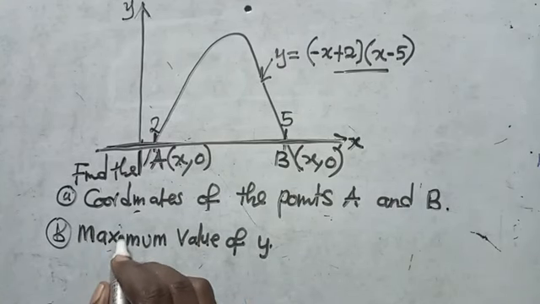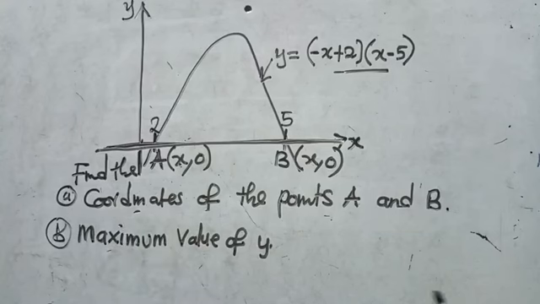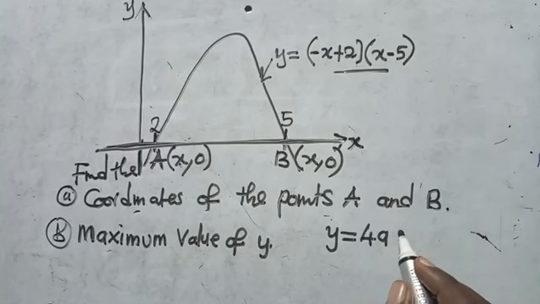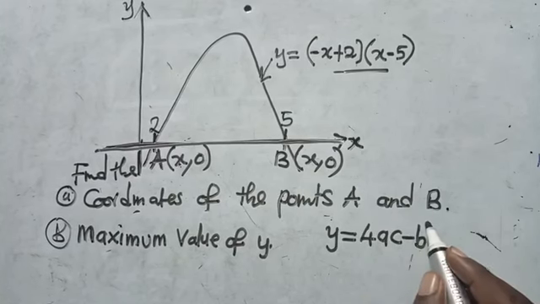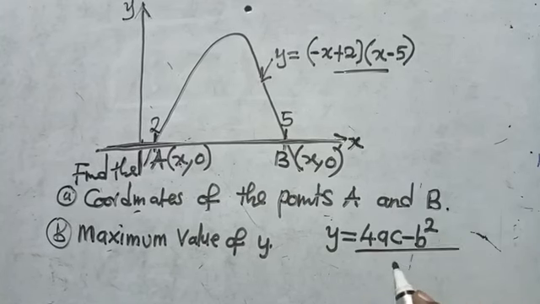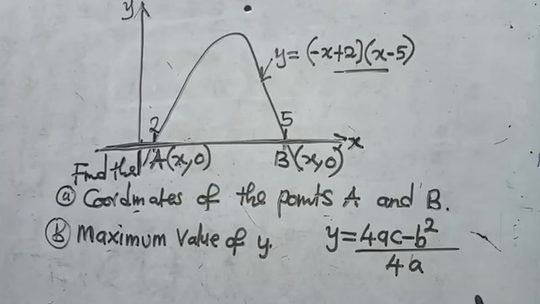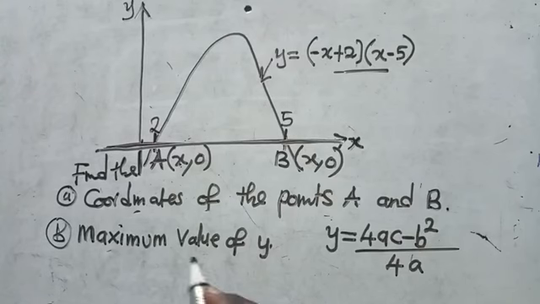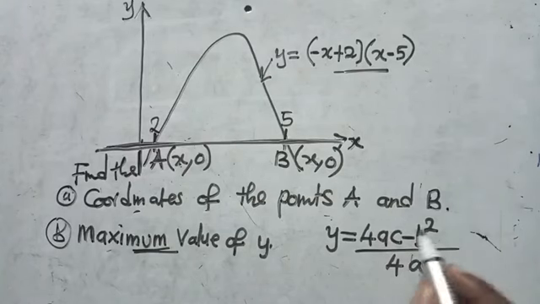To find the maximum value of y, you get to use the formula 4ac minus b squared over 4a. This is a particular formula you need to know. We use this formula to find the maximum or minimum value of y.